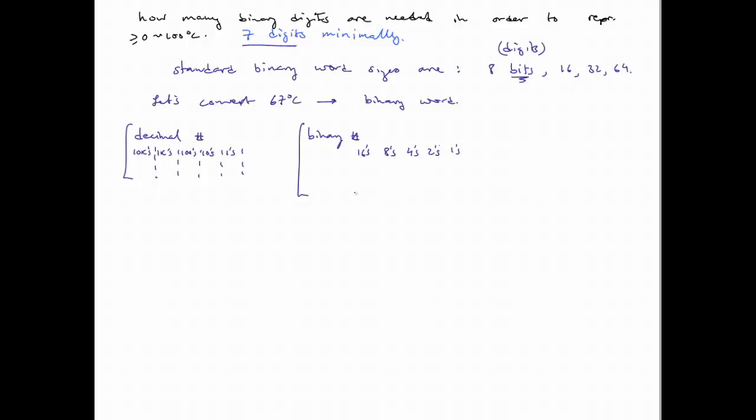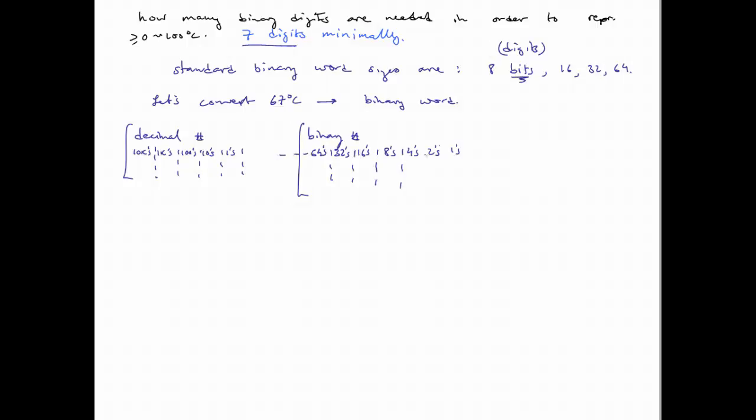Because for each successive column we're multiplying by the base. When we're doing base 10, we're multiplying by 10. That's why we have the ones, the tens, the hundreds, the thousands. In the binary system, we're multiplying by 2. So the ones, the twos, the fours, the eights, the 16s, 32s, and so forth.